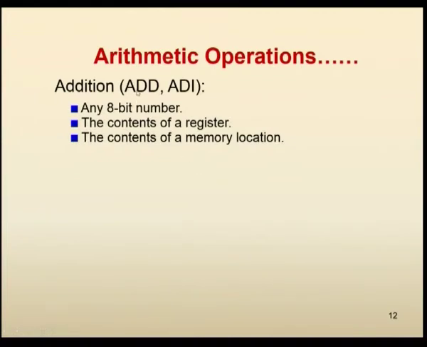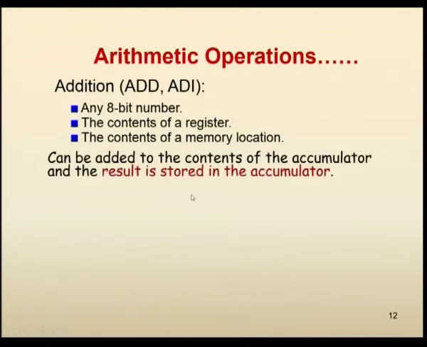So, the instruction is of course add immediate. The result, and this is important, is always stored in the accumulator. The addition has to be done with the contents of the accumulator, and the result will be there in the accumulator only. Then similarly the subtract instruction. SUB can take any register, memory location, or immediate data.